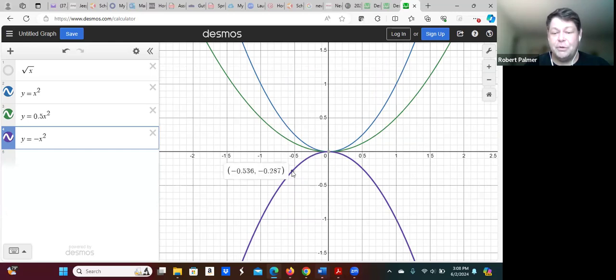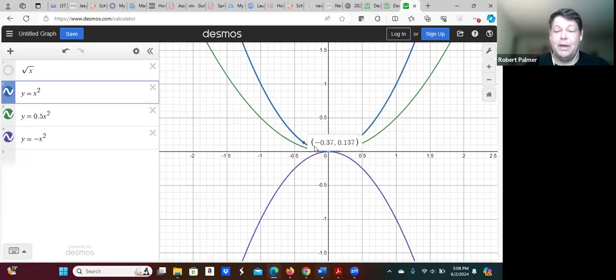Now, if we trace out f of x at 0, for example, it goes to 0. And once again, I think you can clearly see this is true. The h of x is greater than g of x is greater than f of x. If I trace out h of x in the same way at 0, it goes to 0.